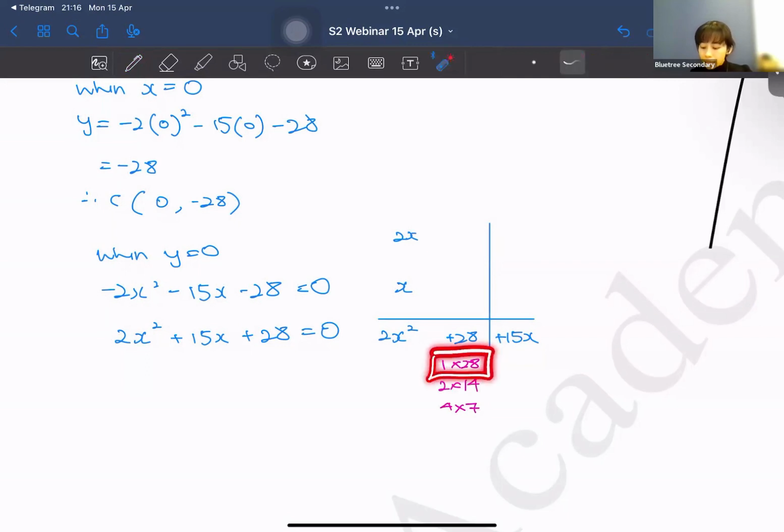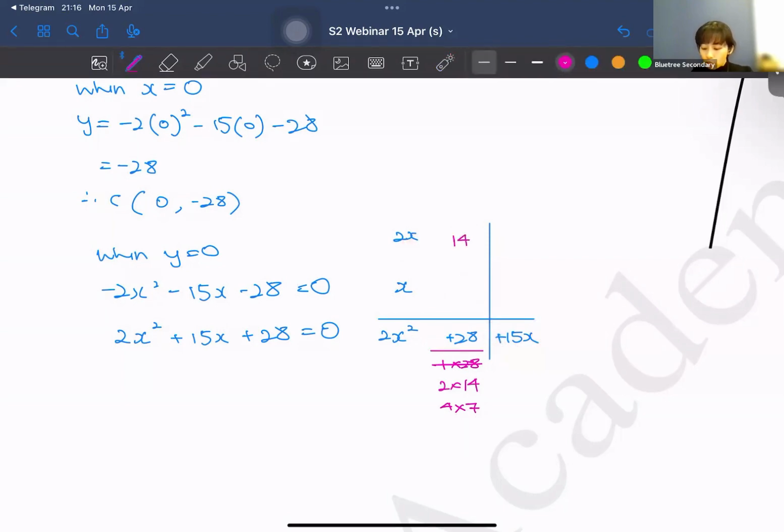First pair, unlikely to be correct because wherever I put the 28 and the 1, it's not going to give me 15. So I can straight away strike out. That's for your second pair. No point putting the 14 here because 14 times 2 will give me 28. My other factor is 2. I cannot combine 28 and 2 to give me 15.